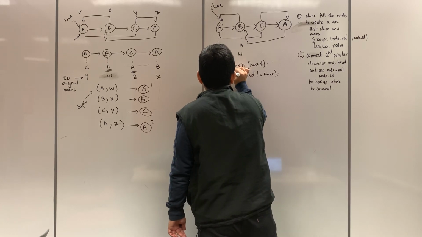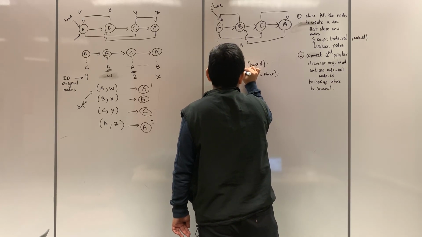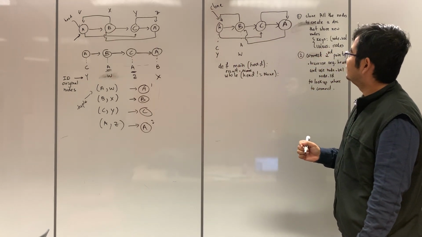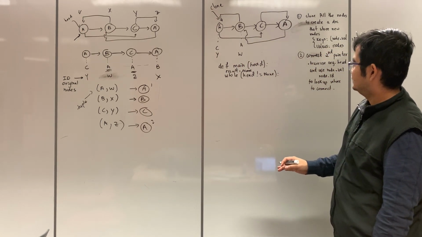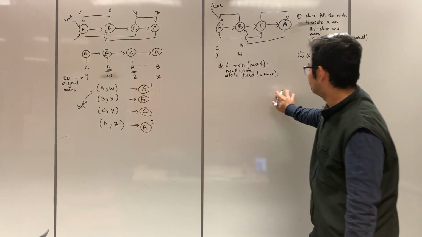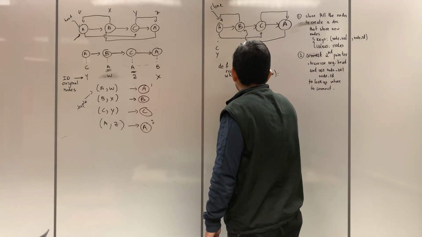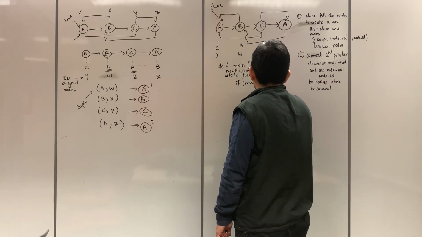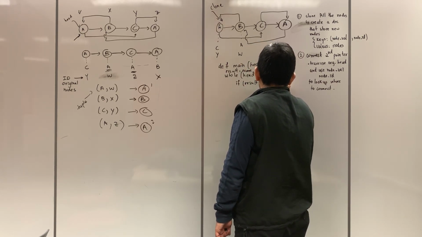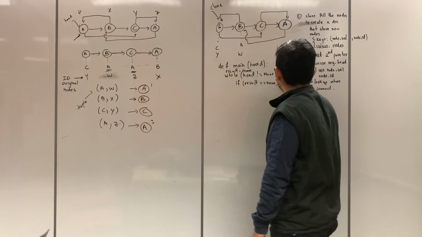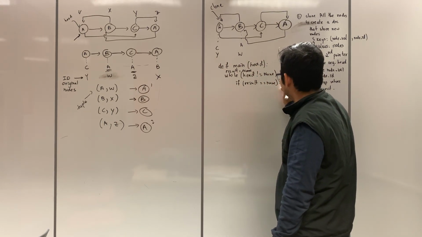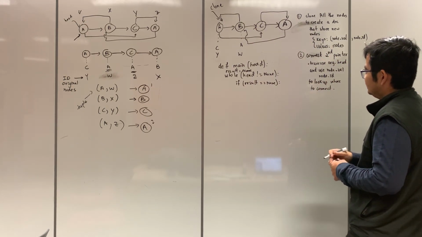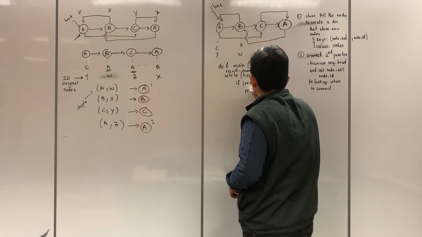So let's say result is none here. And then if result is none, we want to replace result by a new node.